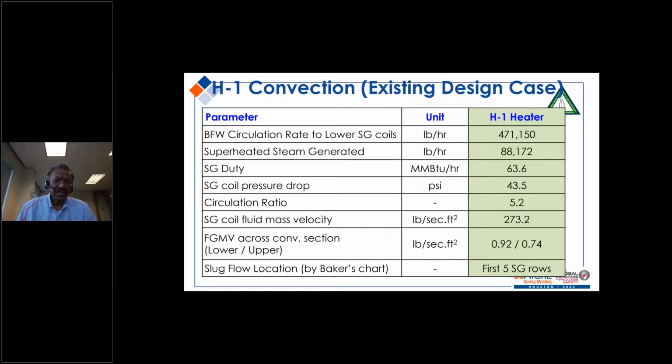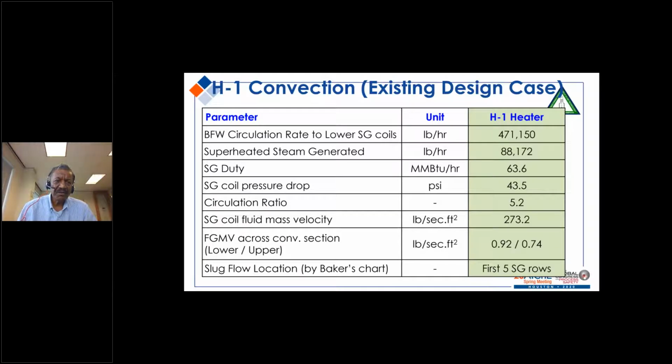This was a forced circulation steam generation system. The circulation ratio was around 5.2. The steam generation was around 88,000 from this heater. There was about a 43 pound pressure drop in the steam coil. Mass velocity was around 270.